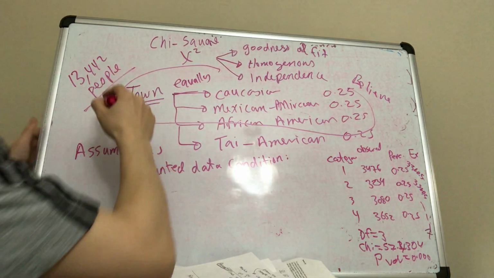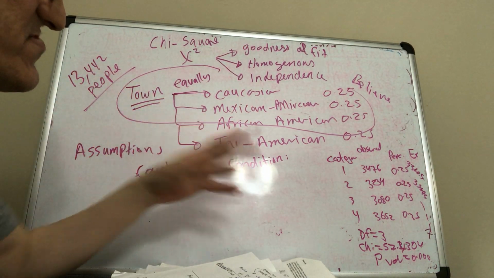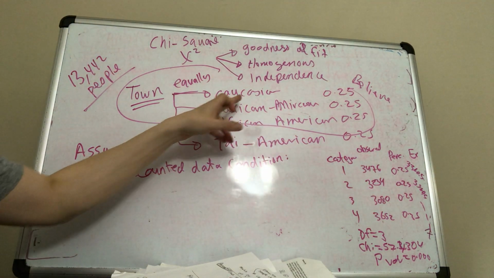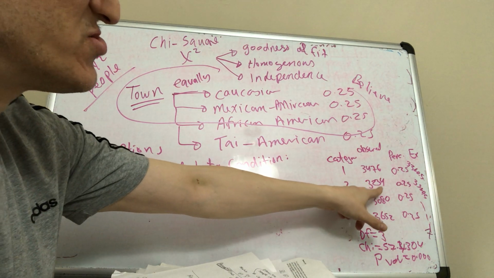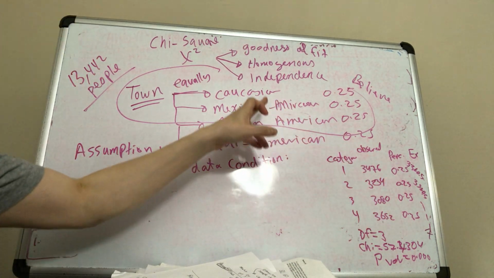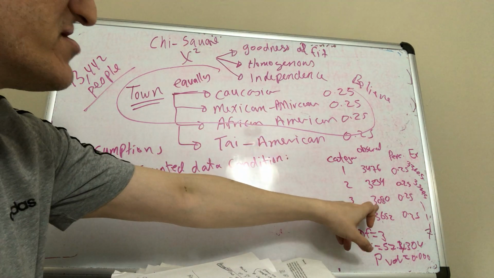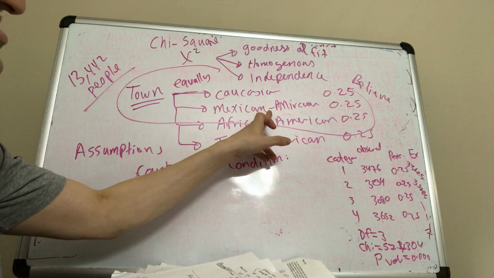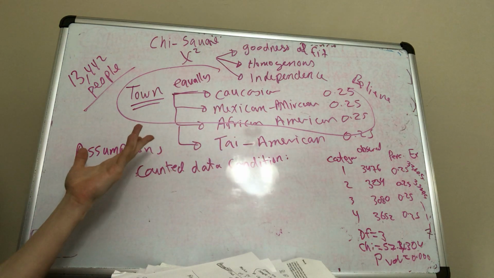So they took this sample and they asked people to identify themselves. 3,476 identified themselves as Caucasian. 3,234 identified themselves, I believe, like African, not Mexican. This group, 3,080, identified themselves as Mexican, and 3,652 as Thai.